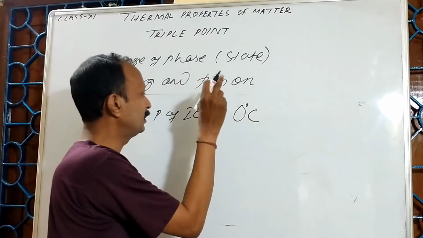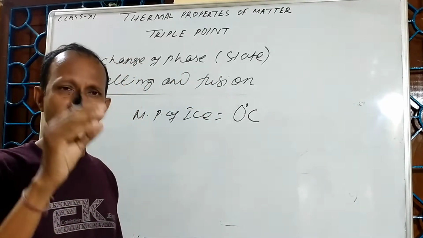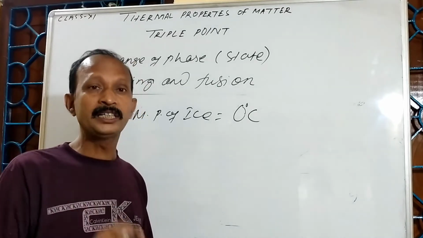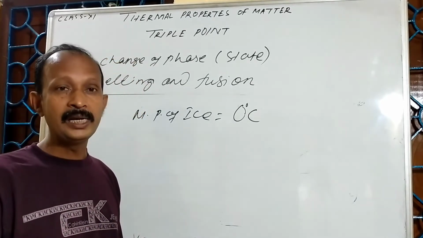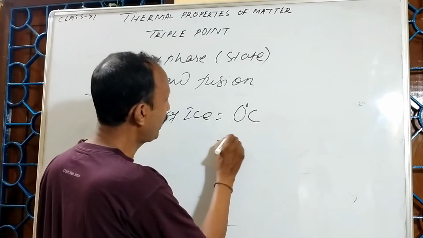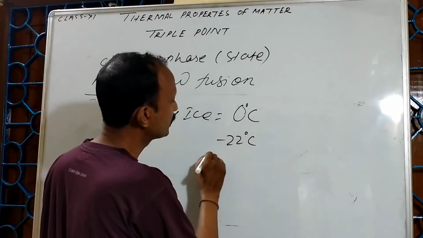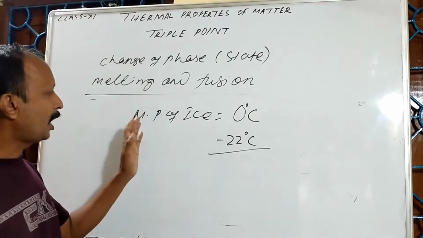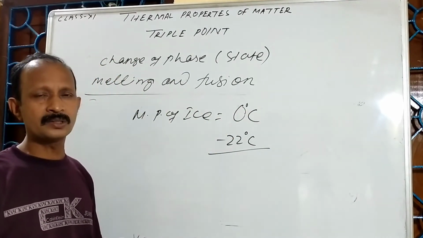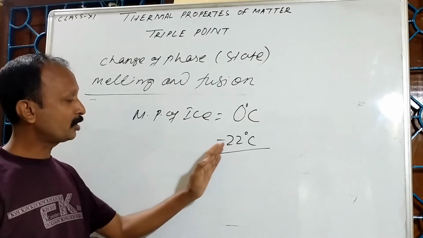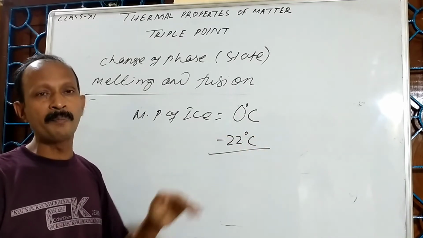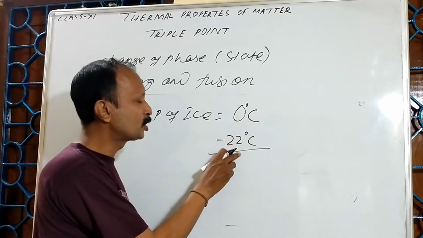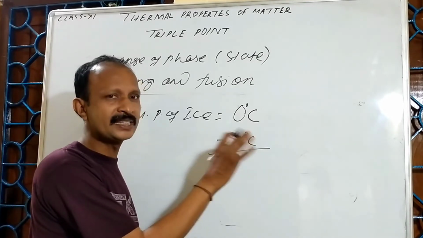In this ice, if a proper amount of salt is added, the melting point will decrease to minus 22 degrees Celsius. Listen carefully. The ice melts at 0 degree Celsius. After adding a proper amount of salt, its melting point goes to minus 22 degrees Celsius.